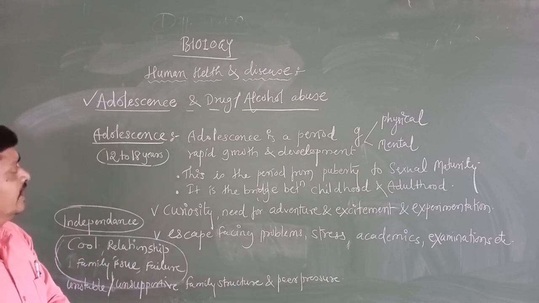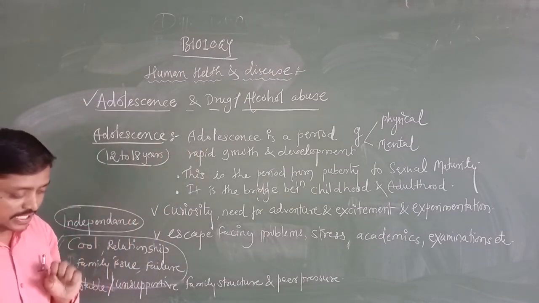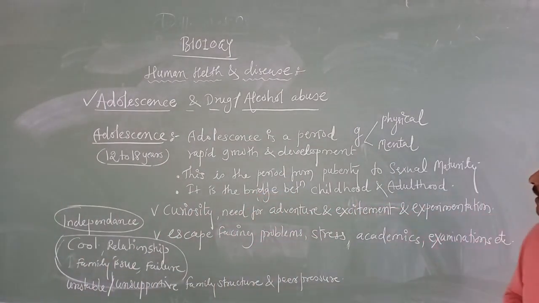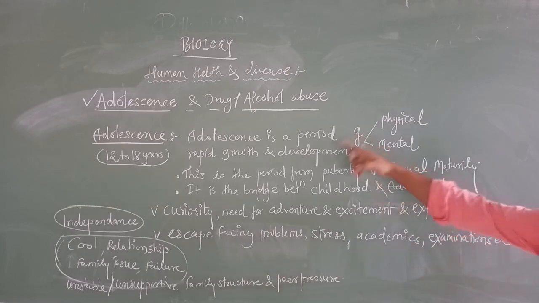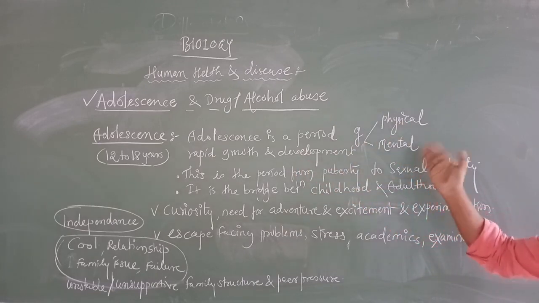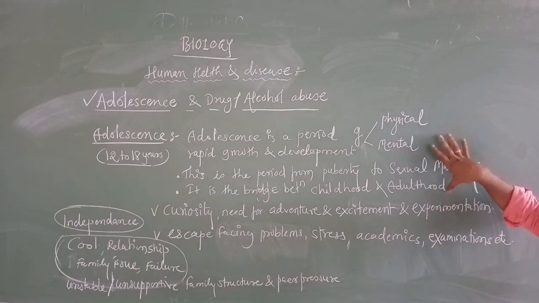So adolescence is a period of rapid growth and development, and a bridge between childhood and adulthood.